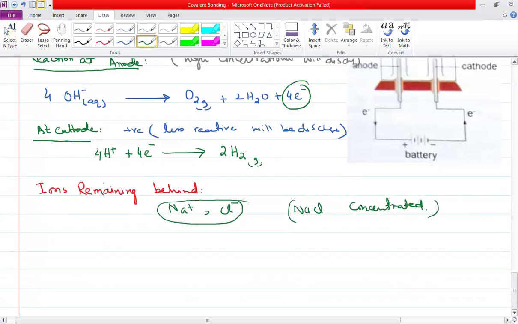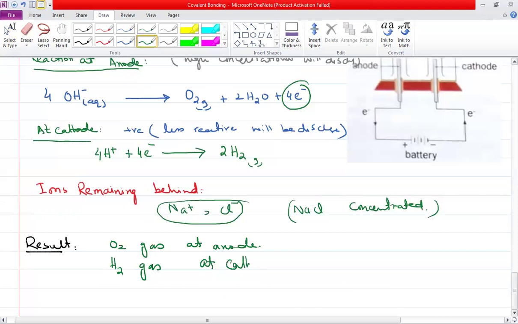Now the result for this electrolysis, the result we get at the end of the electrolysis: we have oxygen gas at the anode and hydrogen gas at the cathode, right?